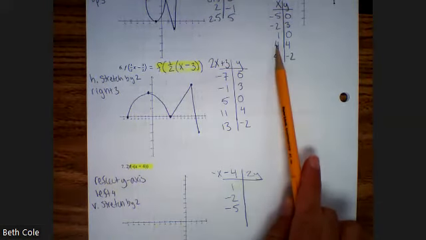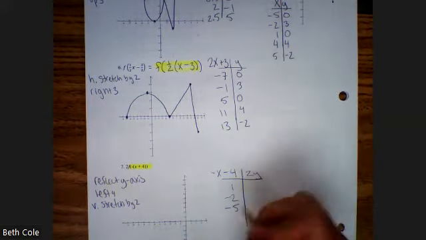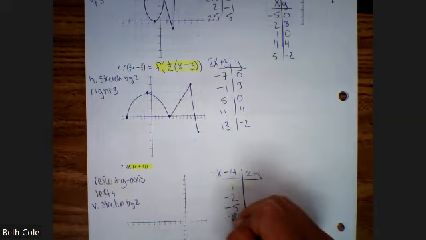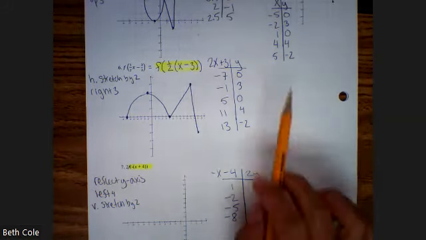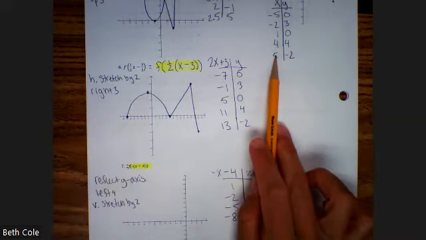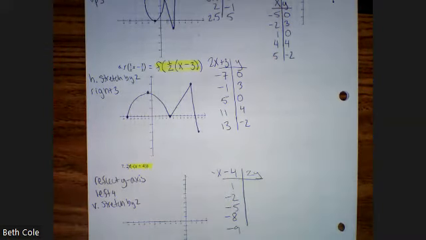This would become -4, -4 more. It'll be -8. I always say think of money, like you owed someone $4 and now you owe them $4 more. So you owe them $8. And then 5, make it negative, and then subtract 4 will be -9.